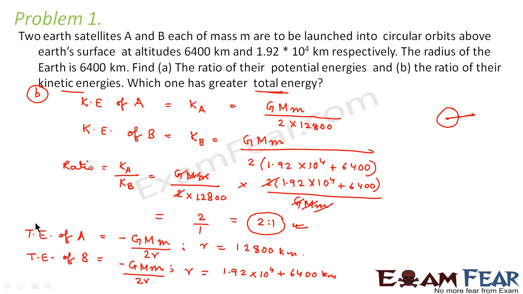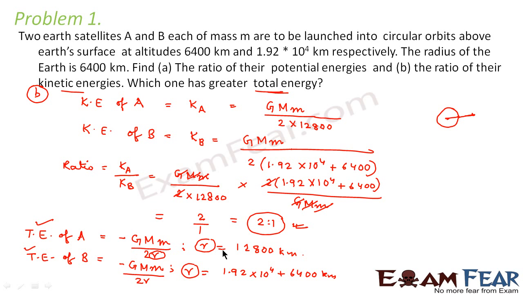Now if I ask you which will have greater total energy, if you compare these two, both have the same numerator. So the one whose denominator is smaller would have more total energy. The denominator is dependent on the value of R. So the one which has lesser value of R will have greater energy.